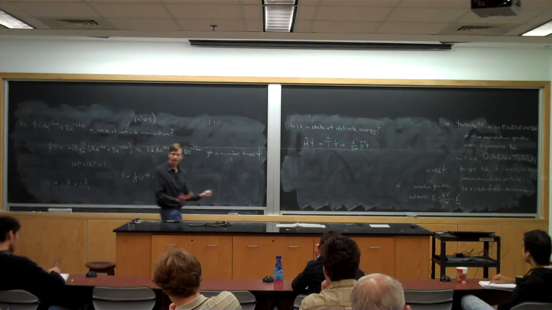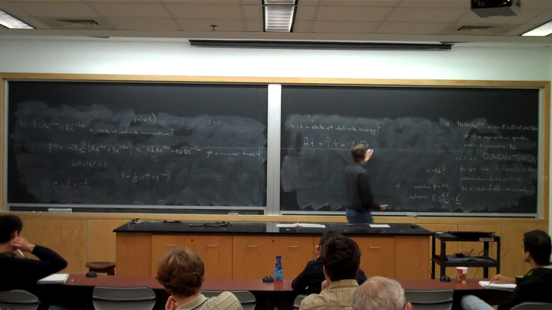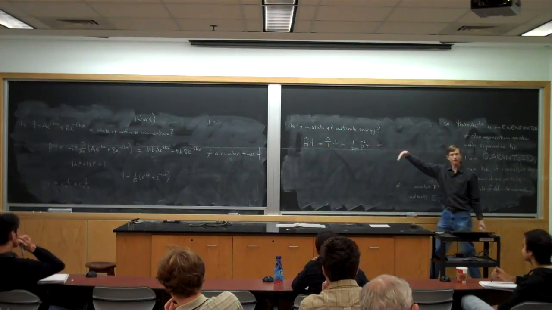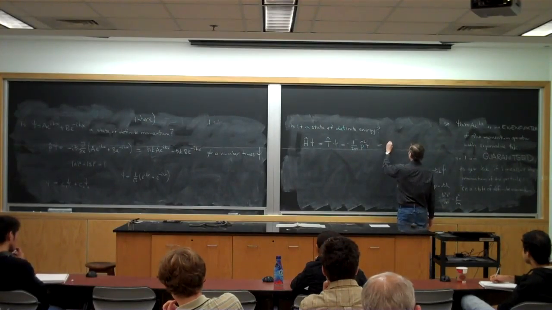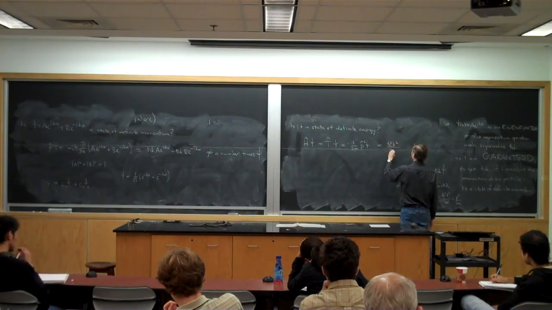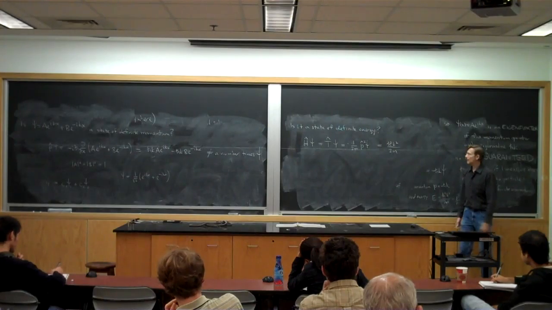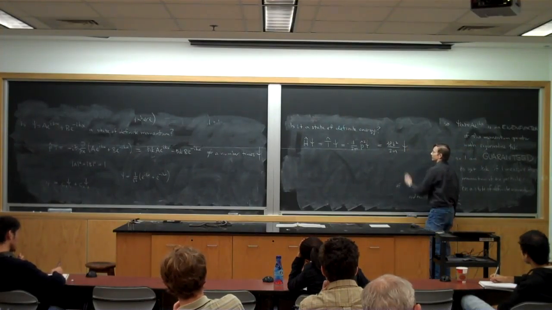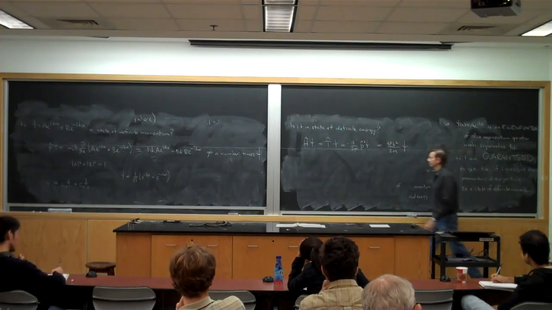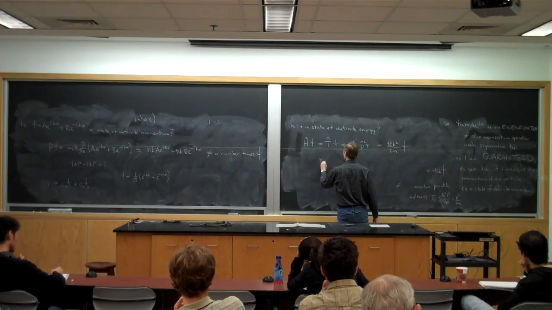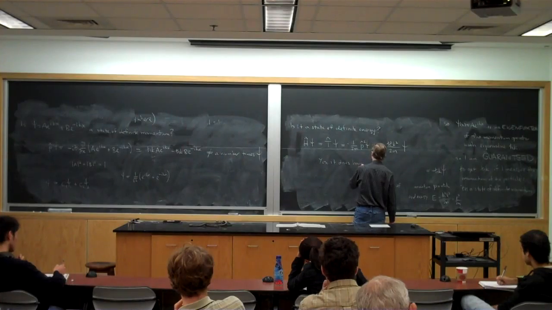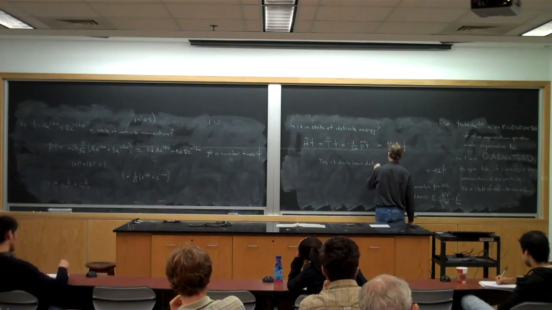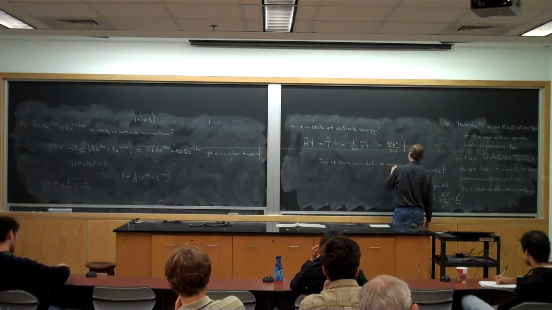Yeah, h bar squared k squared, which you can also get by taking the second derivative with respect to x. You can get it the same way. H bar squared k squared over 2m times psi. So, yes, it does have definite energy.